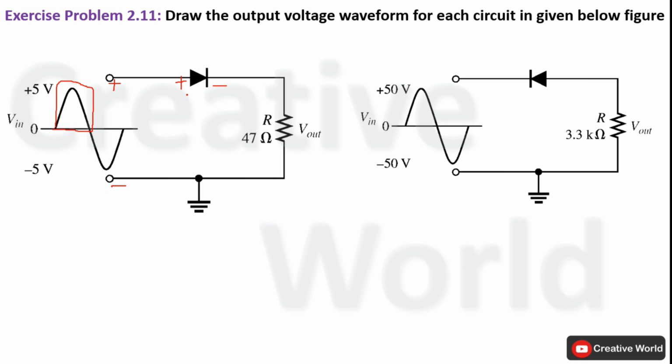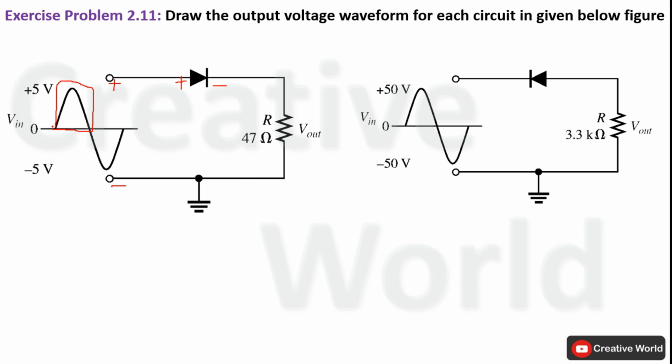Here we are assuming this diode as a silicon based diode and the AC input voltage has a peak value of 5 volt, which is much larger than the potential barrier of a silicon diode. So we can say that during the positive half cycle of the AC input voltage, this diode will be in conducting or forward biased mode. Whenever a diode conducts, it allows current to pass through it while having a potential drop across its terminals of 0.7 volt.